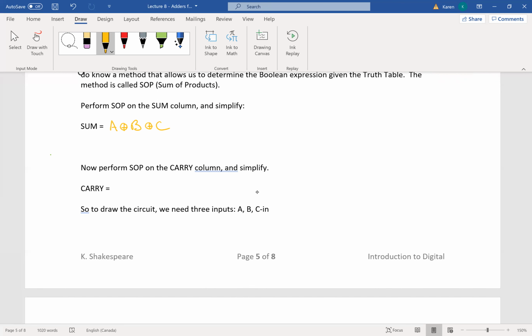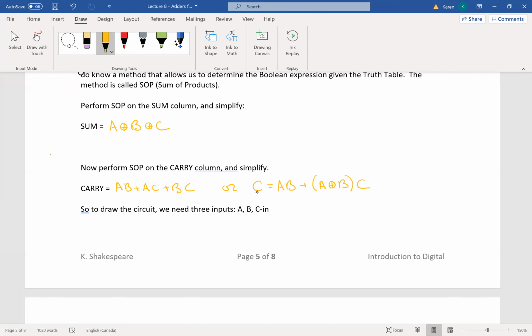The carry expression is AB plus AC plus BC, or the carry expression is AB or A exclusive OR B, C.